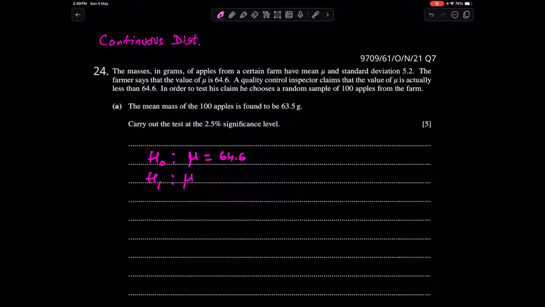H1: a quality control inspector claims that the value of mu is actually less than 64.6. So mu less than 64.6. Mu has decreased. Mu has not decreased.